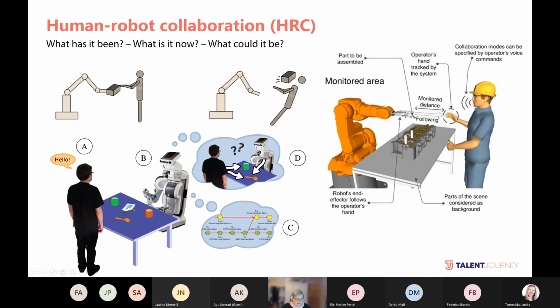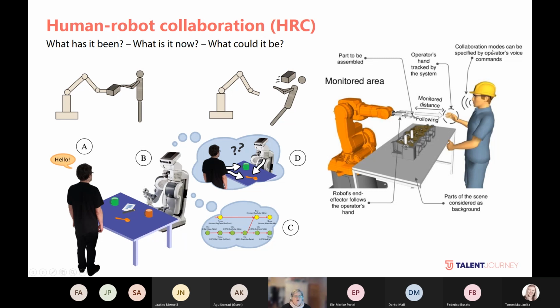Today, I think that we are already in the situation where, thanks to collaborative robots, humans and robots can really work side by side. However, it still requires a wide range of monitoring. Let's look at this picture. First, as you can see, here's the robot, and this is the monitored area here. And the robot's end effector follows the operator's hand here, and the operator's hand is tracked by the system.